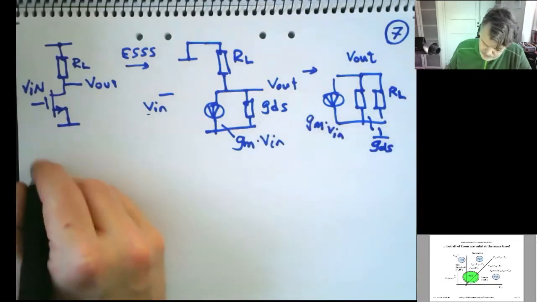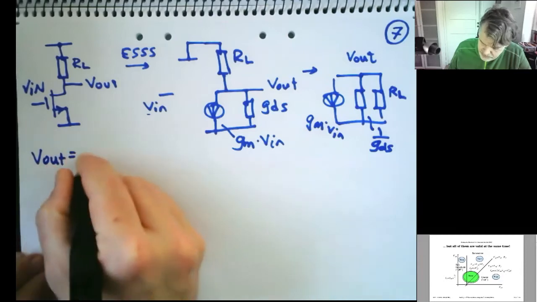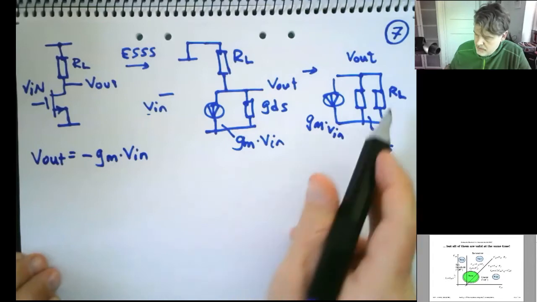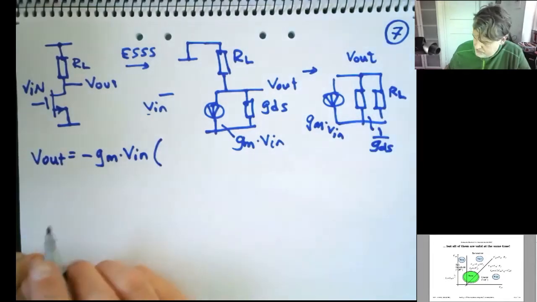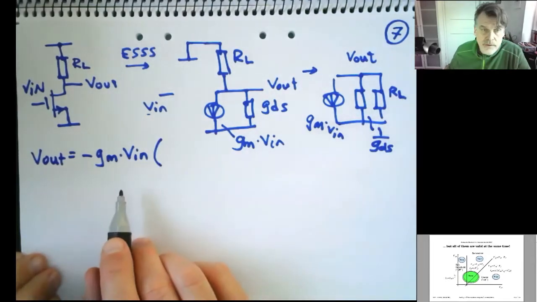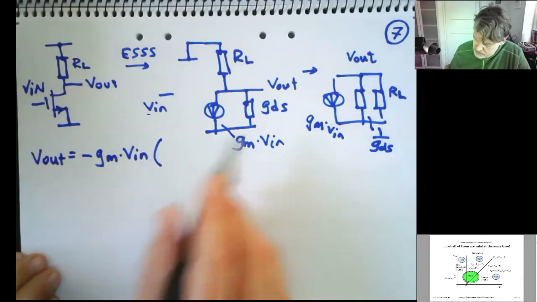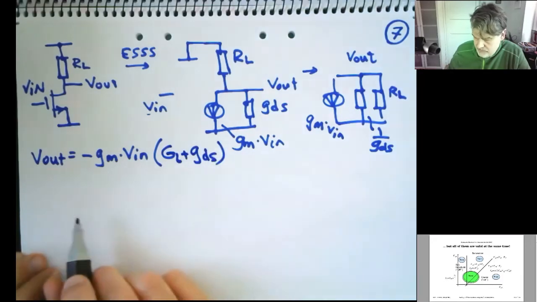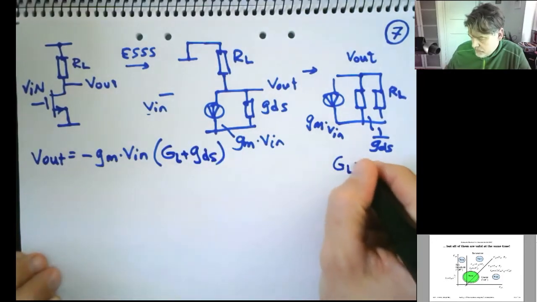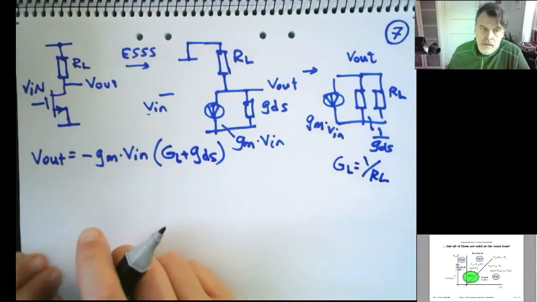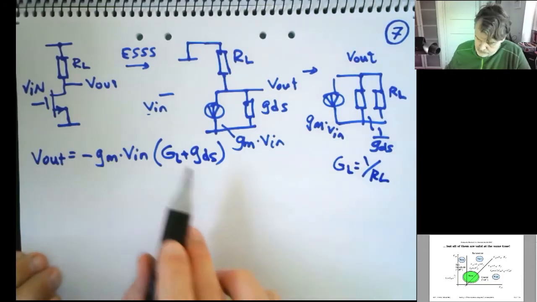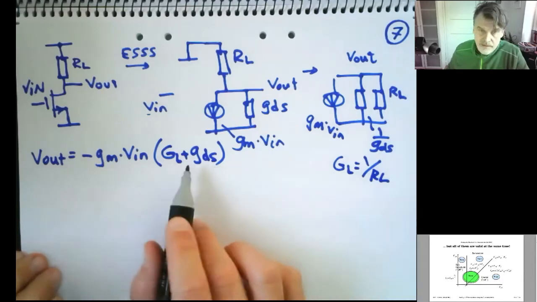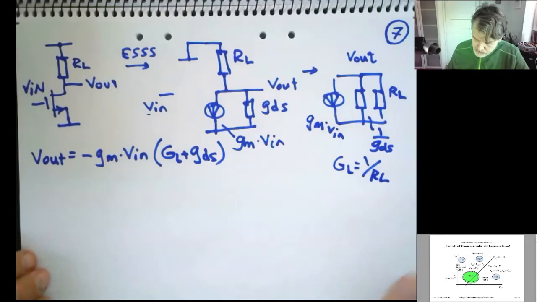All right, so V out is equal to minus GM times V in, the current source, times the load, and either RL plus 1 over GDS in parallel, or just in conductance it is GL plus GDS, like this, and GL then is equal to 1 over RL. So that's another conclusion in this course, that we will use conductances to a large extent.